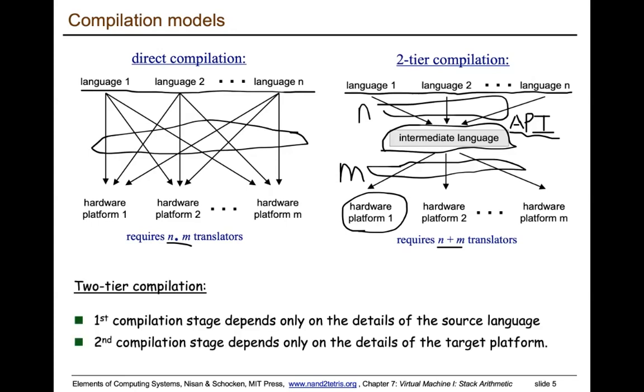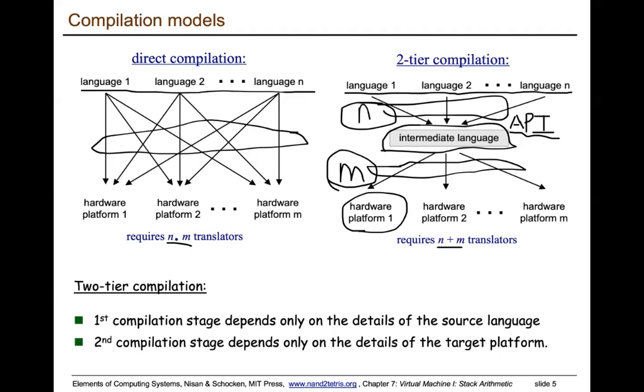With this two-tier approach, the first stage depends only on the details of the source language, the high-level language. And the second compilation stage depends only on the hardware details, the target hardware. So then I can separate this and save my time.